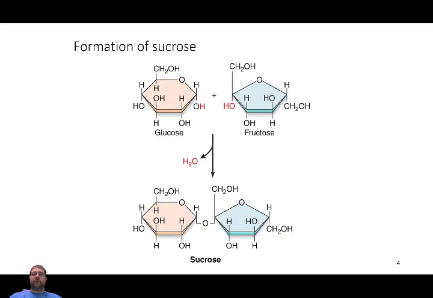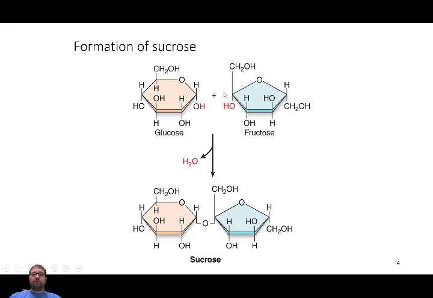So here you can see glucose. That glucose molecule is going to bind with the fructose molecule. So you can see that there's just a little bit of a difference in where certain carbons, hydrogens, and oxygens are placed in the molecule. The molecule is still C6H12O6.